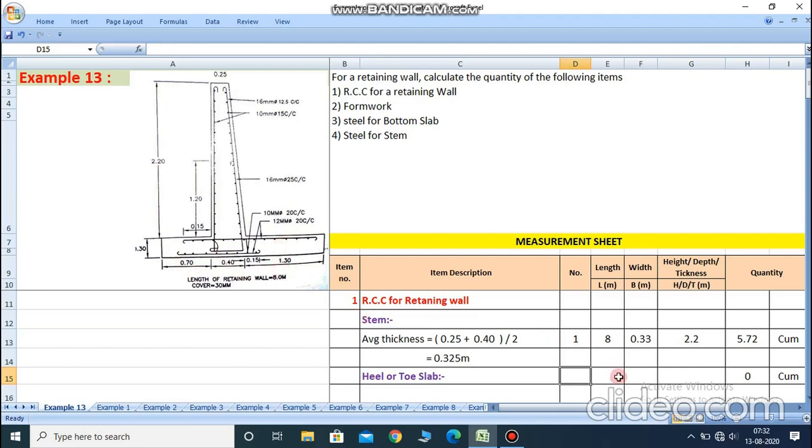The length we calculated is 8 meter, and the width is 2.4 meter. The total length of the retaining wall is 8 meter, and a single wall is provided, so 1. Height or thickness is given as 1.3 meter.